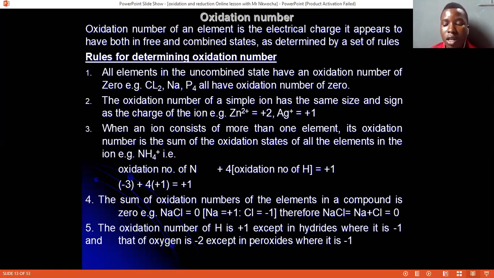Take note, a redox reaction is a reaction involving oxidation and reduction, in which one of the species gains electrons while the other species loses electrons. So I say in which one of the species is oxidized and the other species is reduced. I think this is the slide I was talking about earlier.